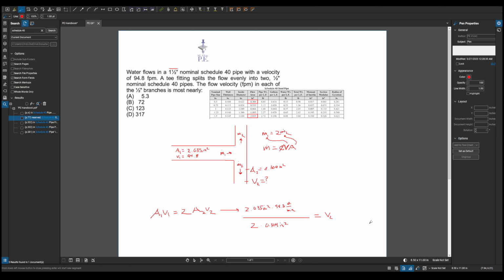So if I plug that into my calculator, we're left with an answer of 317.3 feet per minute. If we go to our answer, D is the closest answer. So that's our solution.